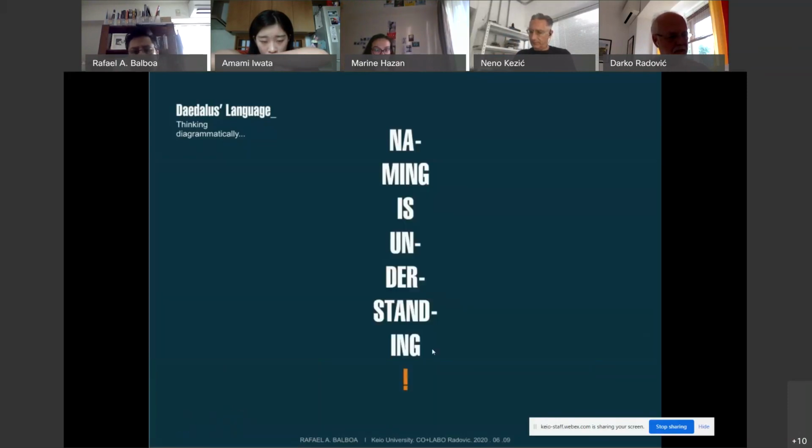Another important thing is that naming is understanding when we are making a diagram. When you put a name to things, you start to understand what you want to say. Just putting lines for the sake of putting lines could be a cognitive process, a very basic or primitive approach to what you want to say, but then you need to name it, because language is something that we all share, and as we have this capability of communicating, we can understand each other when we use certain words.